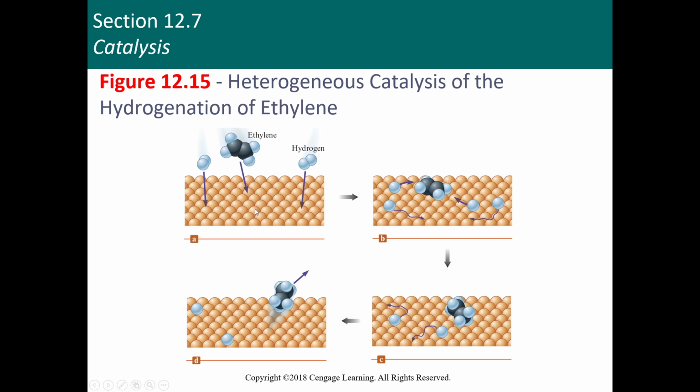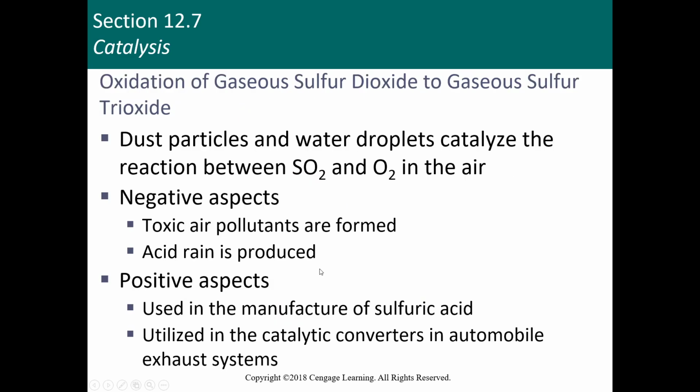They'll skitter along it. When they collide into the ethylene at the appropriate angles, that will cause a reaction. And that gives you this product right here, which is ethane. And then the next part is the ethane will have to be released from the catalyst, thus forming the gaseous ethane, which you can then use in your grill or whatever.